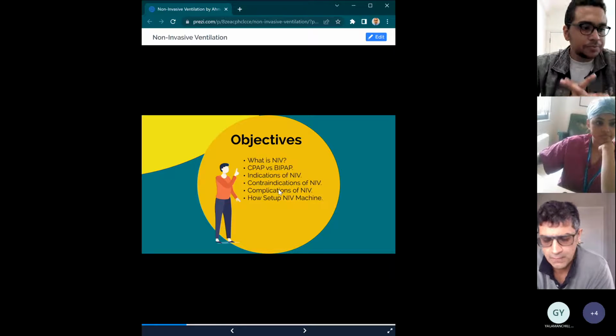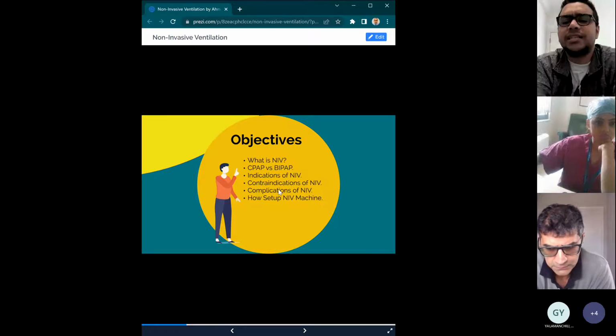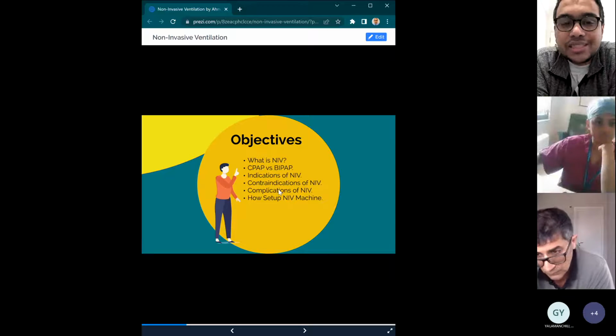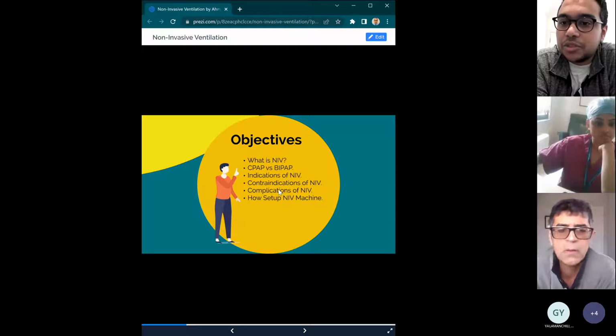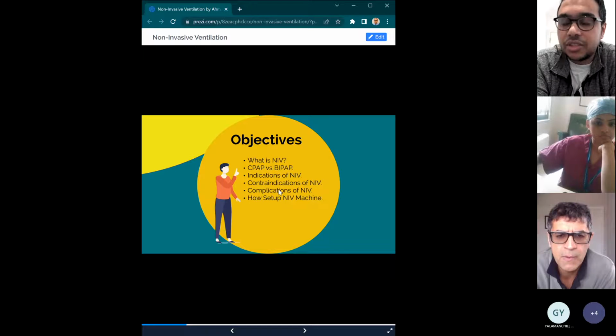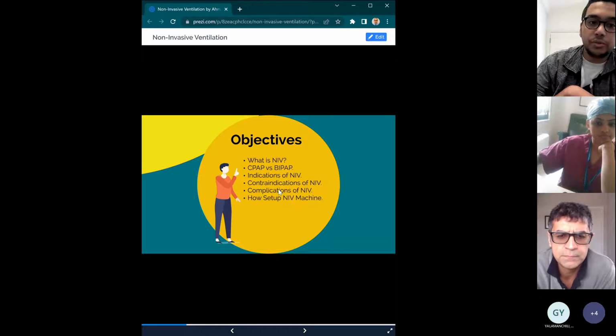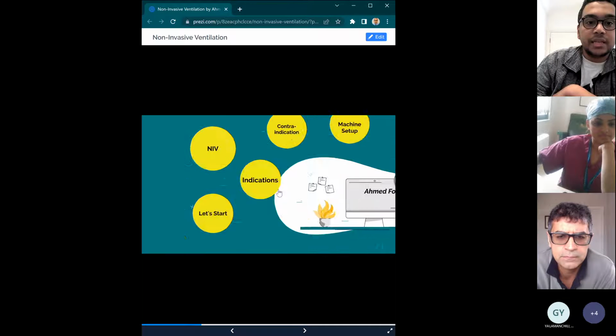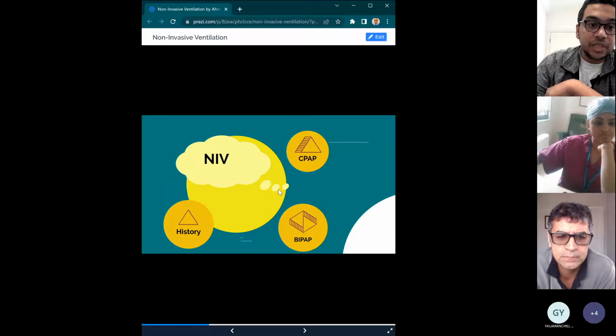I'm not going to go thoroughly on that, because it's completely different according to which machine we're using, but just the general idea of the connections and what to do when you need to set this up. Okay, let's go to NIV.